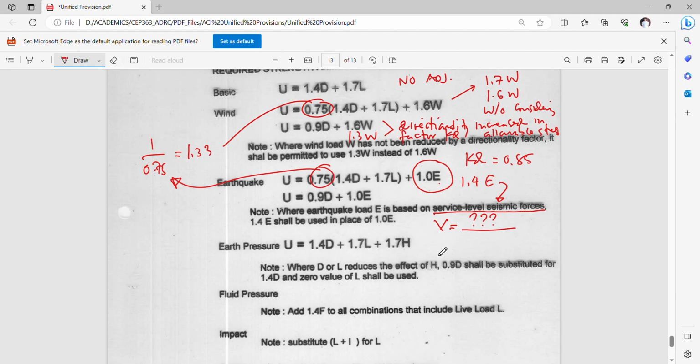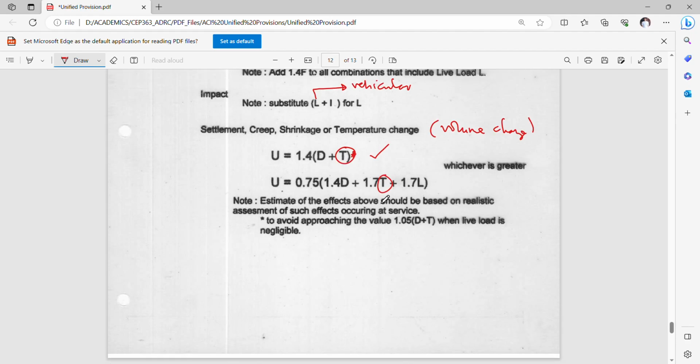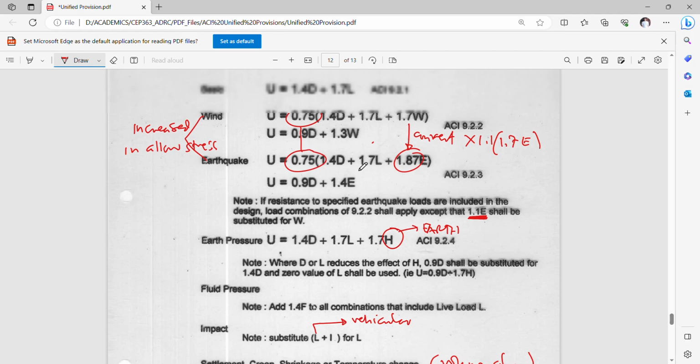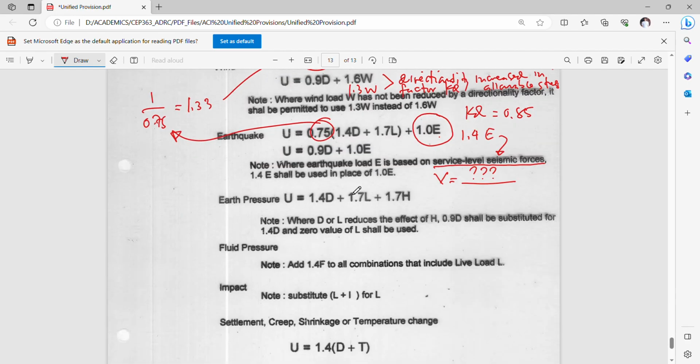So U is 0.9D plus 1.0E, which is actually the same as your previous 0.9D plus 1.4E. You can change your 1.0E to 1.4E again if your E is based on service level seismic forces.